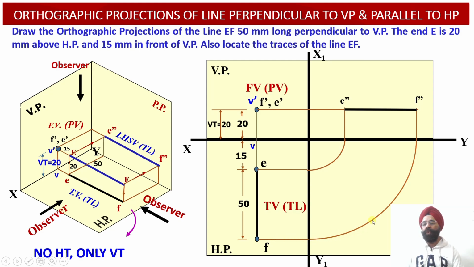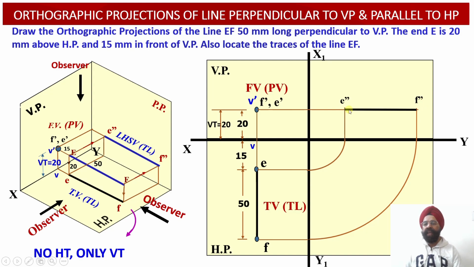This is our circular transfer arc, and then this is the vertical projector line. So wherever this vertical projector line corresponding to point F intersects with the horizontal projector emerging from the point F dash, we obtain the point F double dash. So E double dash in the side view has been obtained, and F double dash in the side view has been obtained onto the profile plane projections.